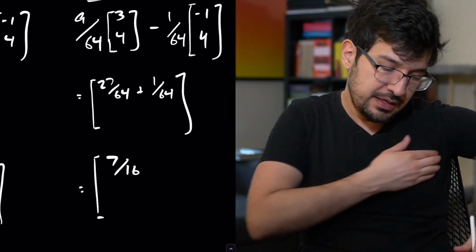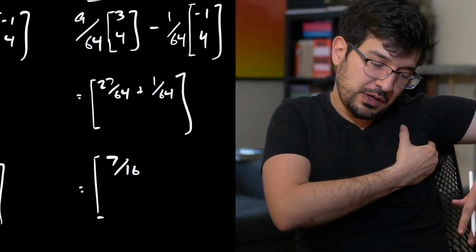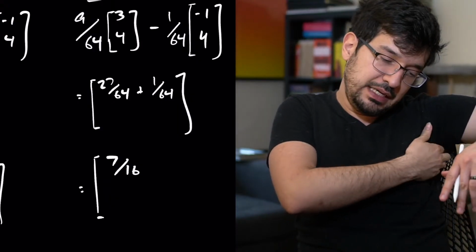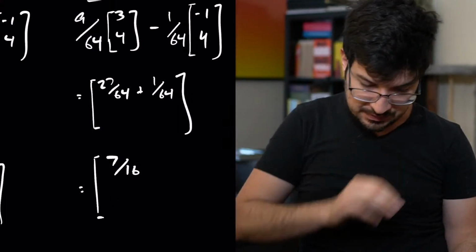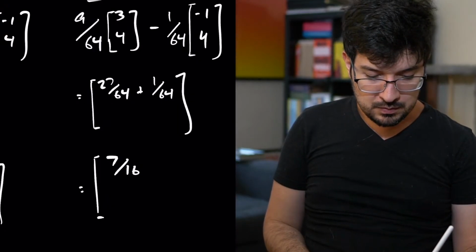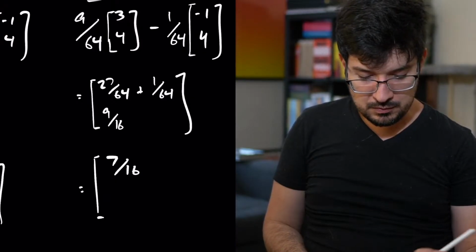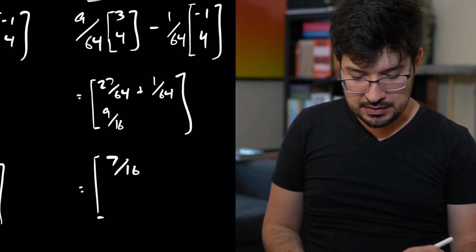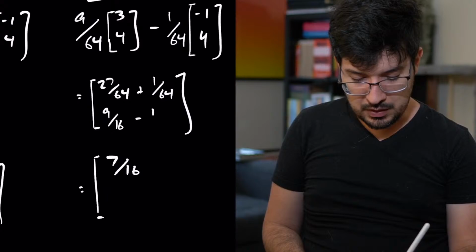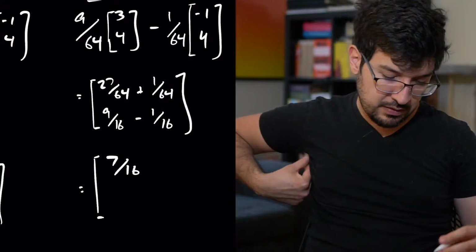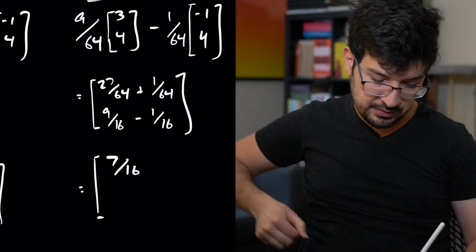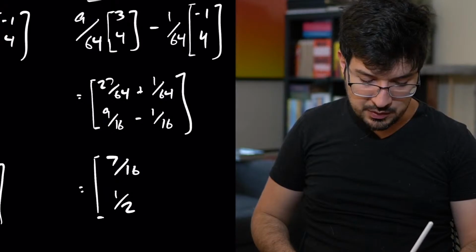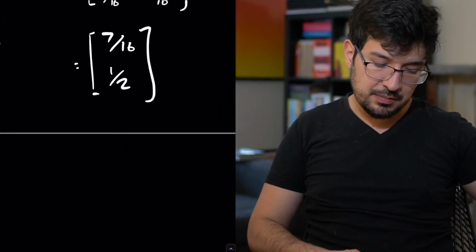All right. Then 9/64 times 4 would be 9/16 minus 1/16. And that would be 8/16, which is 1/2. Okay, so at least the second term I know is correct.